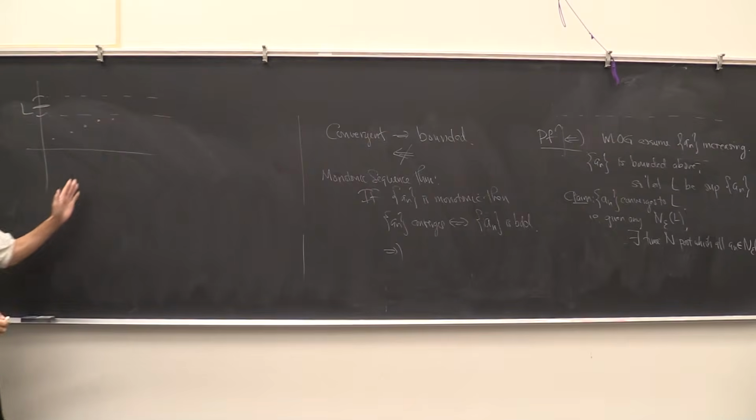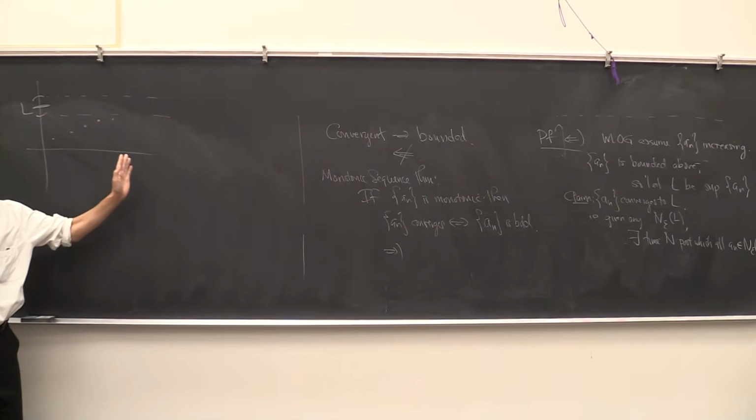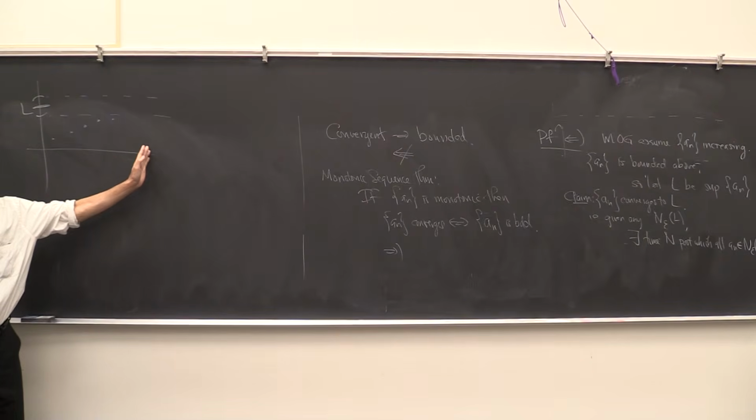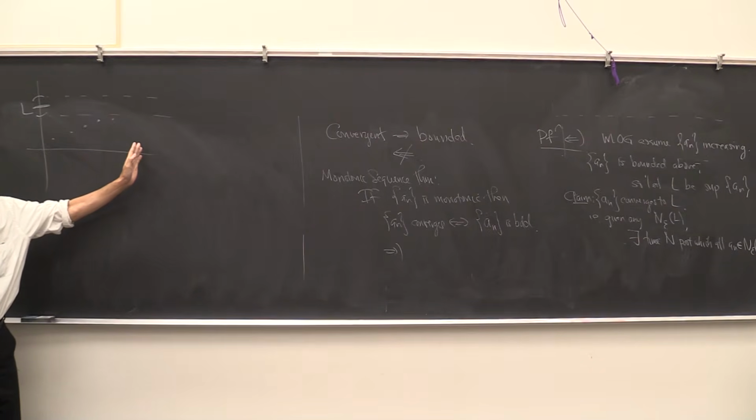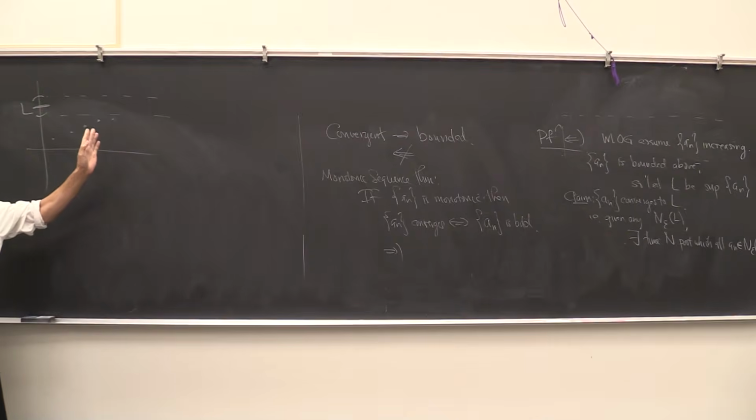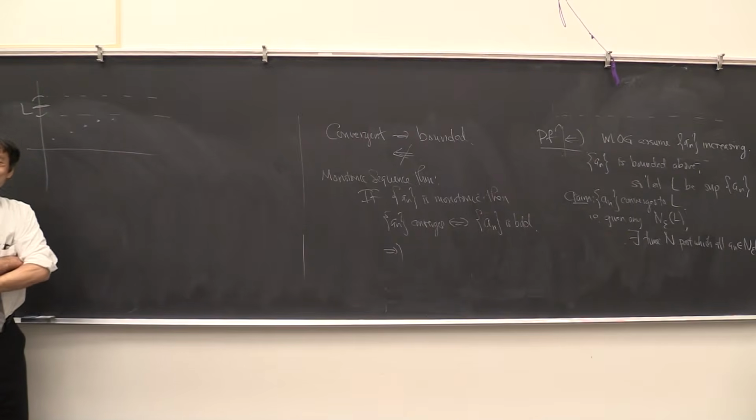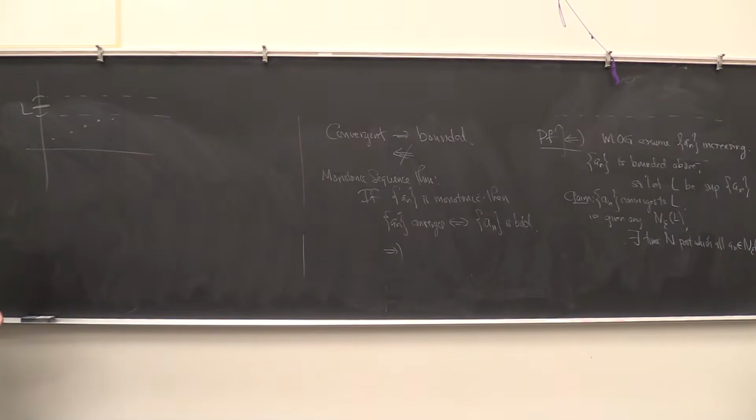How do we know that there's a time past which everybody lies inside the neighborhood? Is it because L is the least upper bound, so there must be something in between L minus epsilon and L?